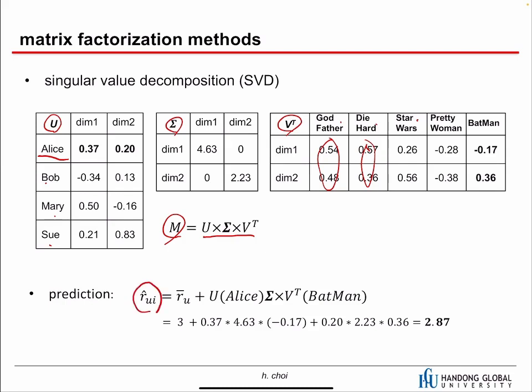Okay, then this rating estimate is based on this. This one is a bias term. So we are interested in how much Alice likes Batman. So Alice, the sigma matrix, and Batman.